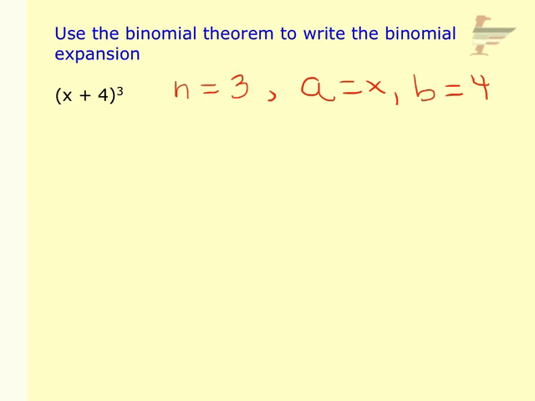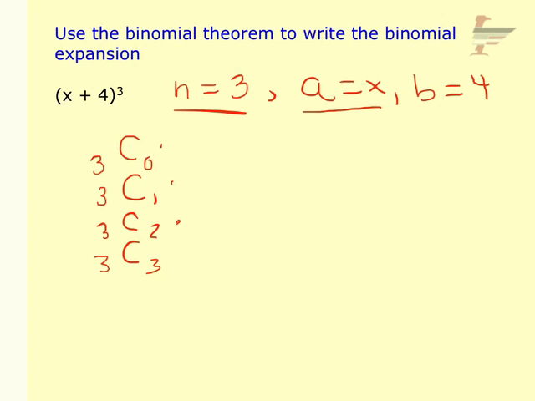So when you use the binomial expansion, it's just a pattern. So I'm going to note my power, and I'm going to start there with my combinations. So it always starts with choose 0, choose 1, choose 2, all the way up to itself, 3 choose 3. Okay, then you move to your a value, which is x. And you're multiplying all of these together.